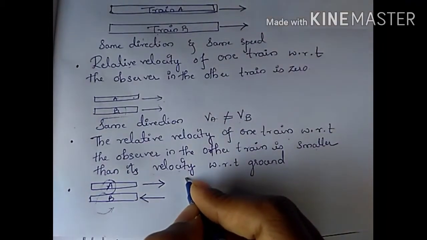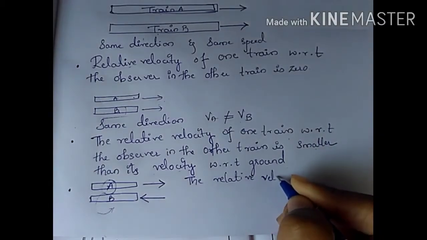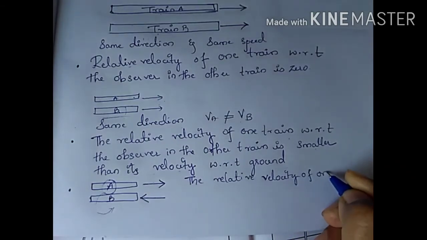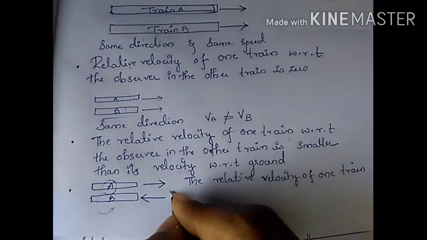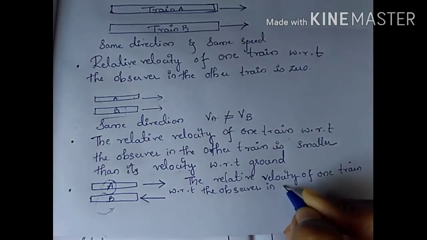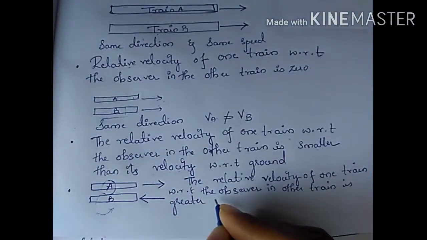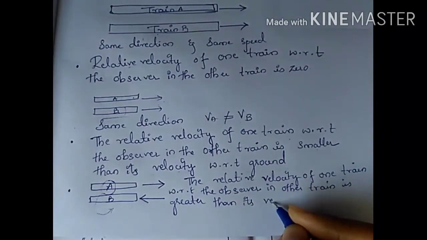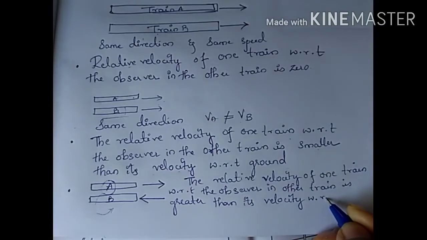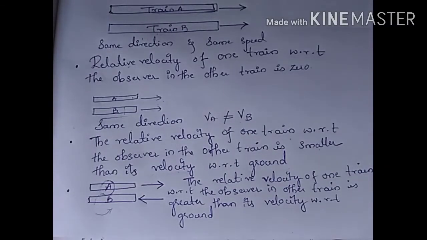So what's happening here? The velocity of one train is appearing as if it is greater than its velocity with respect to the ground.